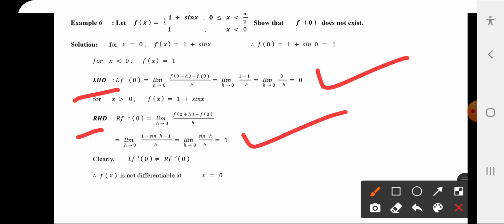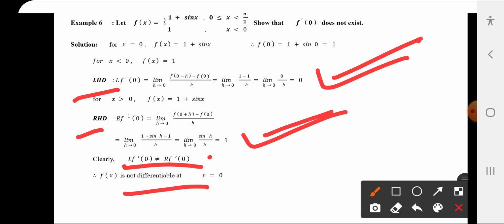So the function is not differentiable because the left hand derivative and right hand derivative are not equal. Left hand derivative is 0, right hand derivative is 1. These are not equal, therefore the function is not differentiable at x equal to 0.